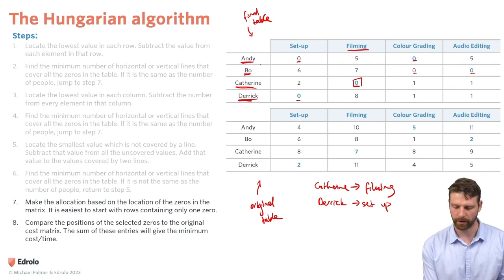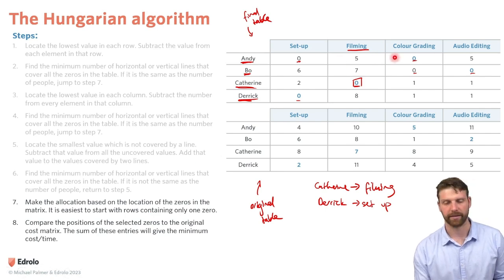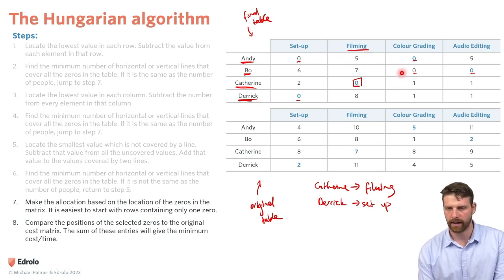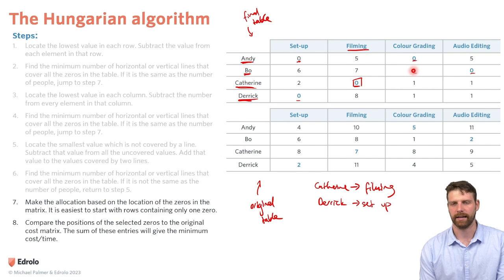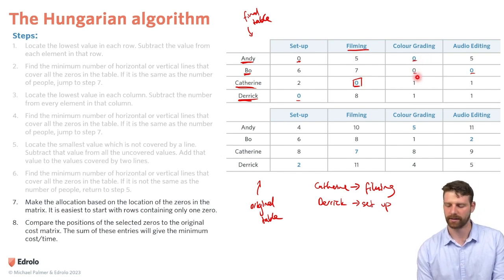Okay, now that we've done that, it's actually easier to assign Bo and Andy to a job. And so what we can see if we look carefully here, I'm just going to pull up the highlighter. Okay, so here's my laser pointer. We can see that Bo can do color grading and so can Andy. And Bo can do audio editing and Andy can do setup. So what we want to do here is we can actually make 2 choices, I think.